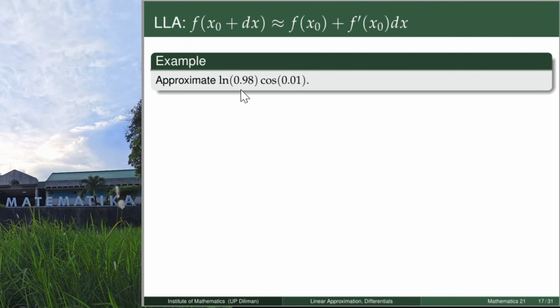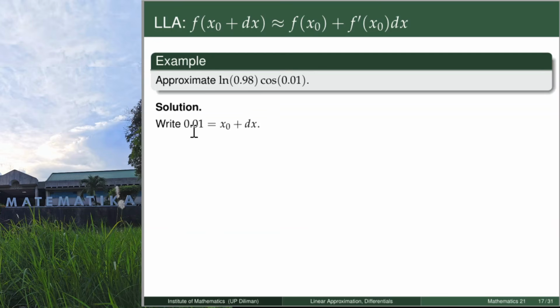And for the last example, let's try a more challenging one. Notice that there are two constants involved, 0.01 and 0.98. If you have more than one constant in your expression, what we can do is choose one of them to write as x naught plus dx. In our case, let's choose 0.01 because it looks a bit easier than 0.98.